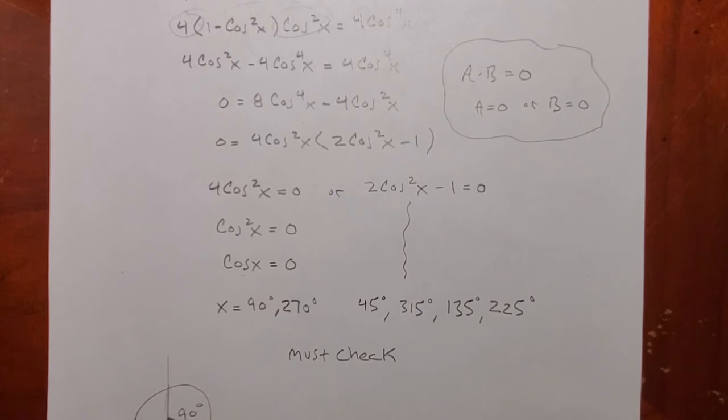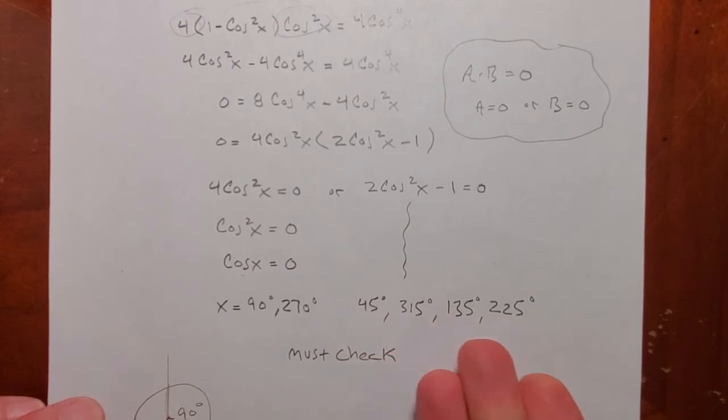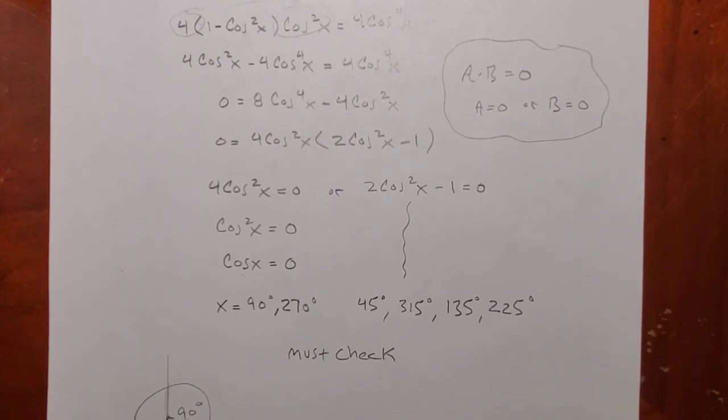So let's see. Like now we'd have to check all of them, one at a time, to make sure that they work. So let me give you an example of one. I'll just show you one of them that doesn't work.